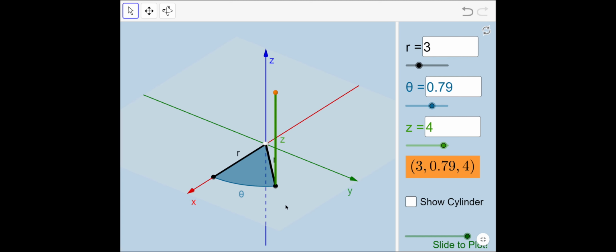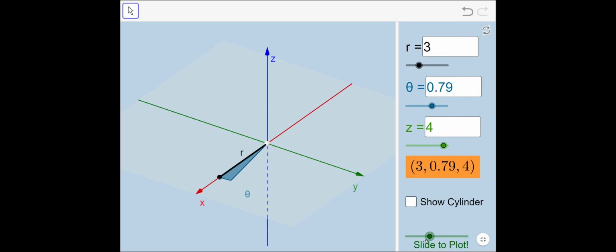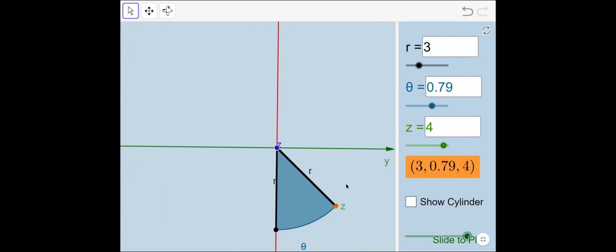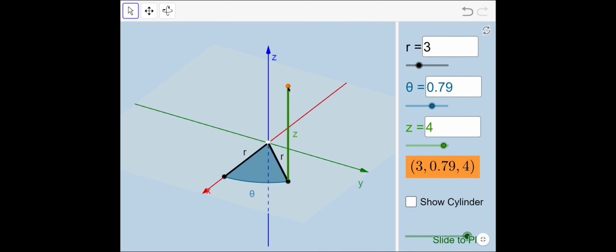What we're looking at here is a point now in cylindrical coordinates, so I have r, theta, and z. This graphic is supposed to illustrate what r, theta, and z are going to be. What the r measures is this: I have this point that I'm interested in, and I project it down onto the xy plane.